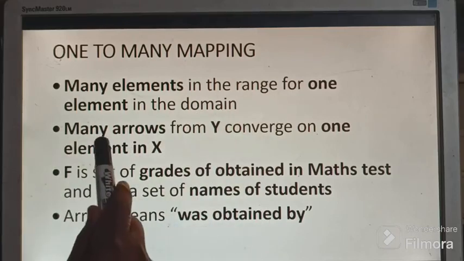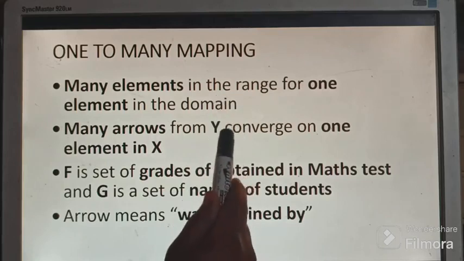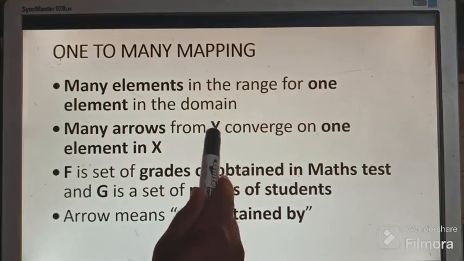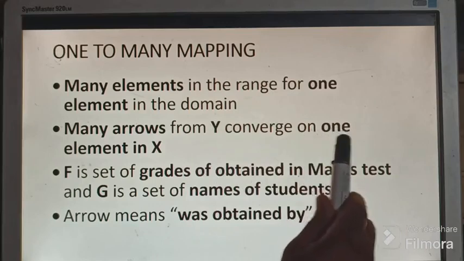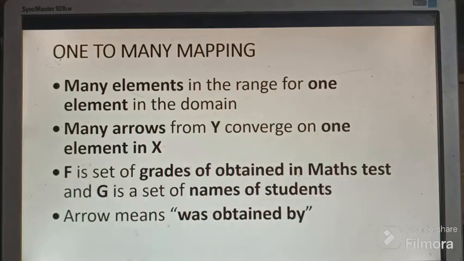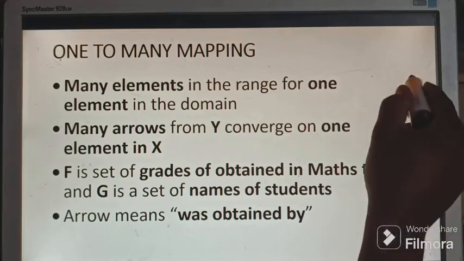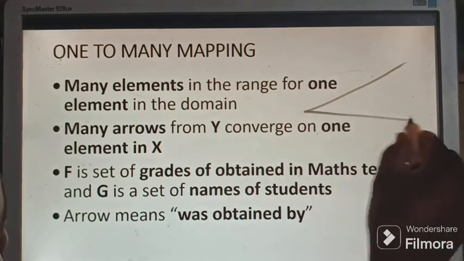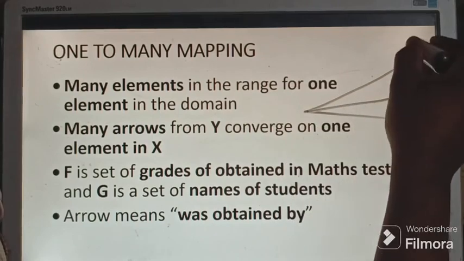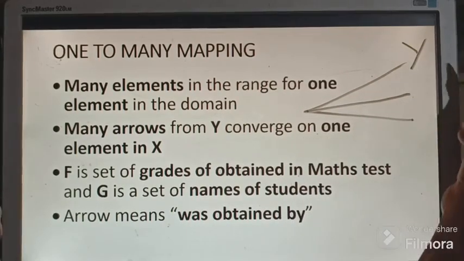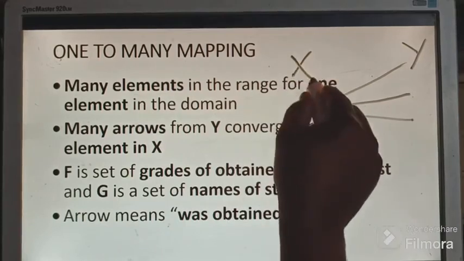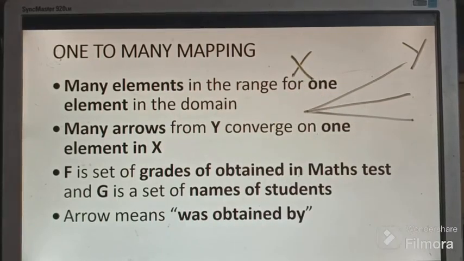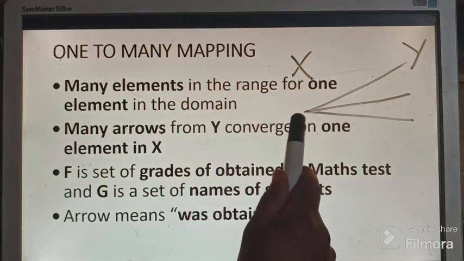We're saying there are many arrows from the range, which is our Y, converging on one element in X. So we have elements coming from the Y side: many arrows from Y converging at the one element in the domain.